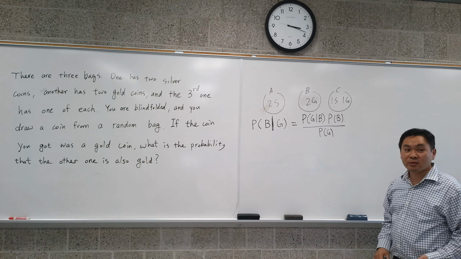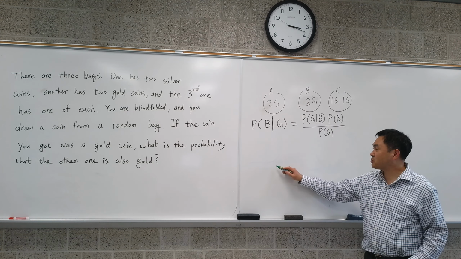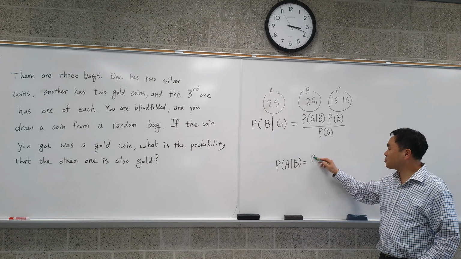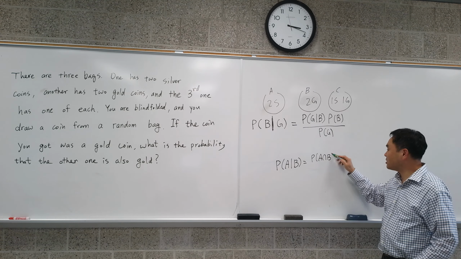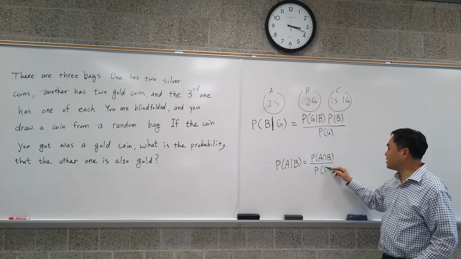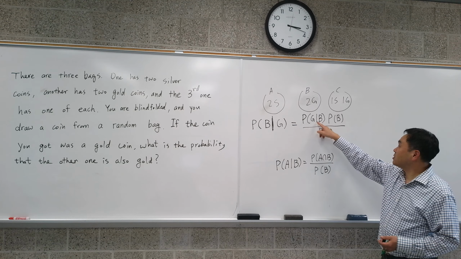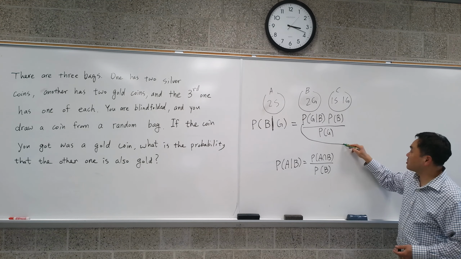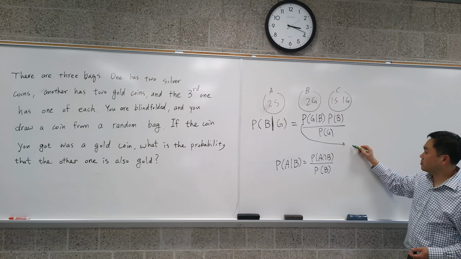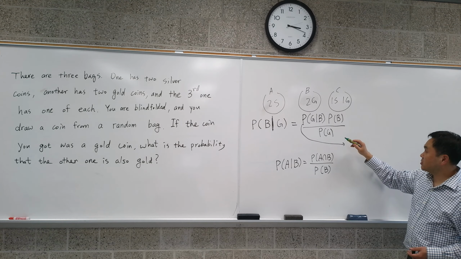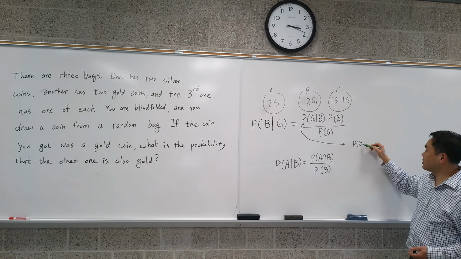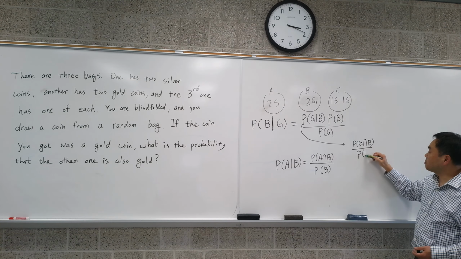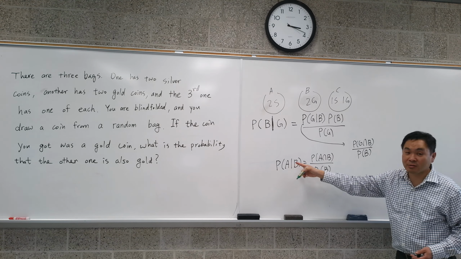And if you ever get confused why that's so, just remember that P of A under B, by definition, is the probability of A intersect B over the probability of B. So what does this mean? This top part is P of G intersect B over P of B, according to this definition, right?